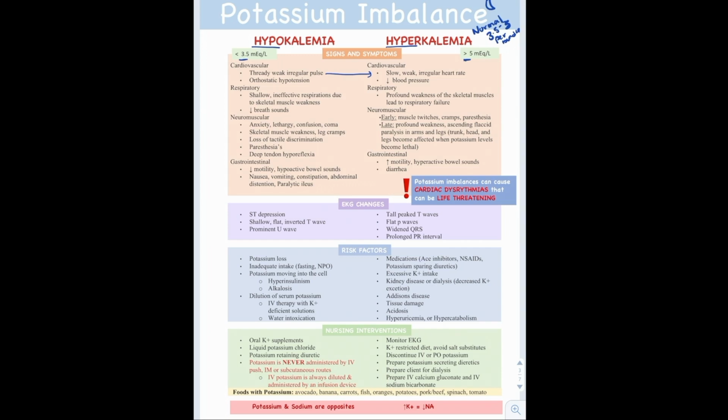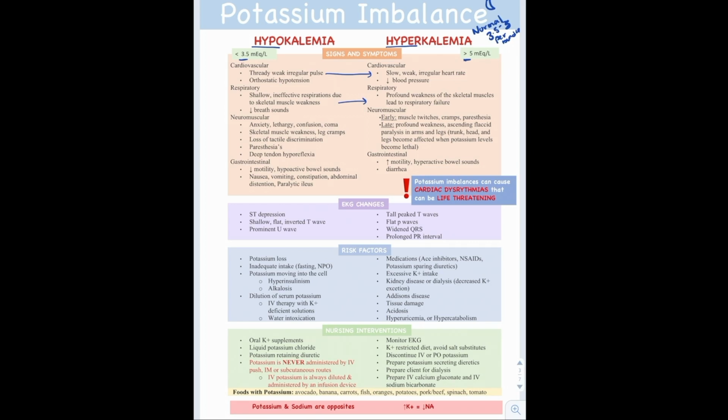Also cardiovascularly, we're seeing a decrease of blood pressure for hyperkalemia, and orthostatic hypotension for hypokalemia. Pretty similar. When we talk about respiratory, with hypokalemia, we're seeing shallow, ineffective respirations due to skeletal muscle weakness. With hyper, we're seeing profound weakness of skeletal muscles leading to respiratory failure. Again, these are pretty similar. So let's keep moving on.